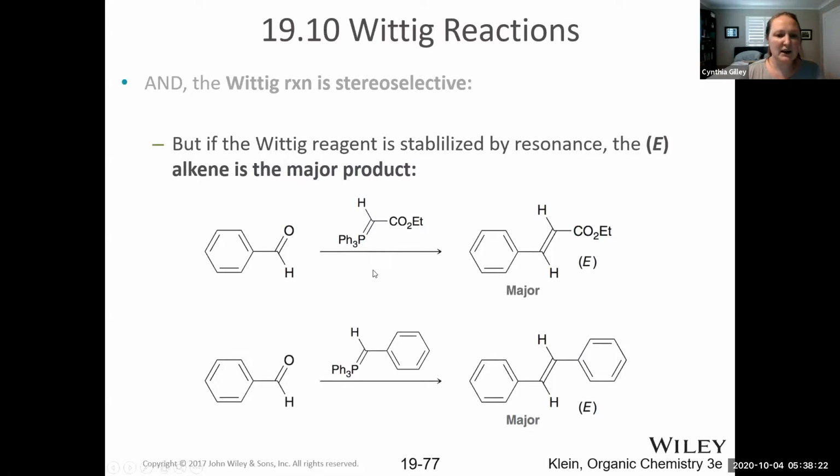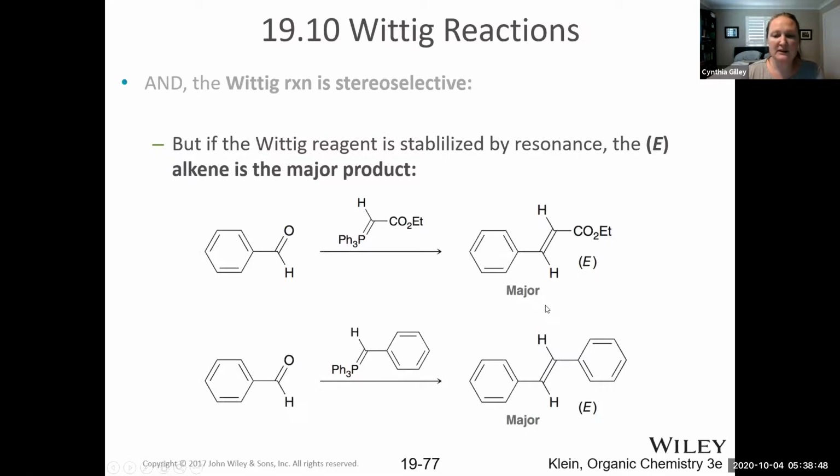Whereas in contrast, if you use a stabilized ylide, attached to this carbon, instead of just an alkyl group, we actually have an electron withdrawing group, or something that can stabilize an anion on this carbon through resonance. The better it stabilizes the anion through resonance, the more stabilized it is, and the more it will produce the E alkene product.